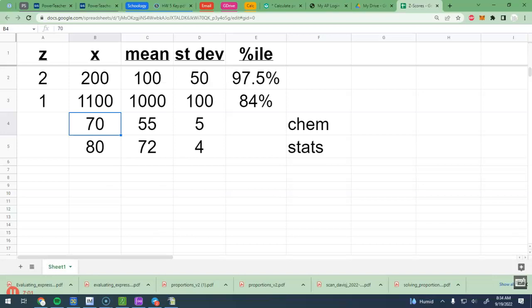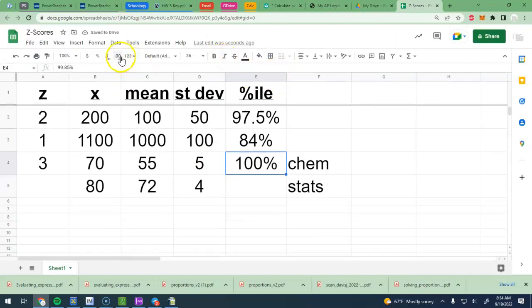Okay, so if I'm looking at this, the chem test, 70 minus 55 would be 15. Divided by the standard deviation of 5, you are 3 standard deviations above, which is the 99.85 percentile. Not 100, hold on.